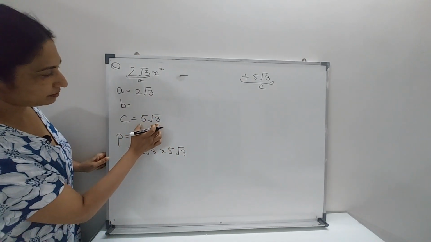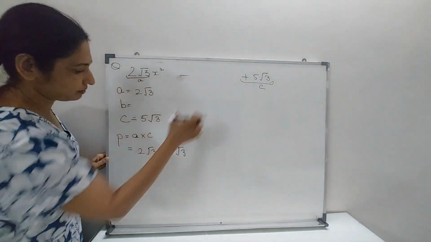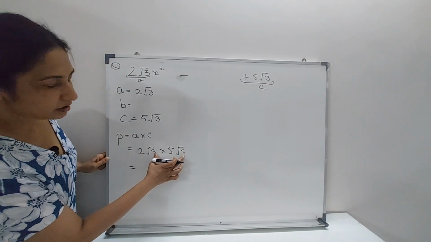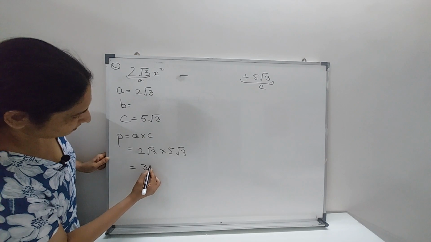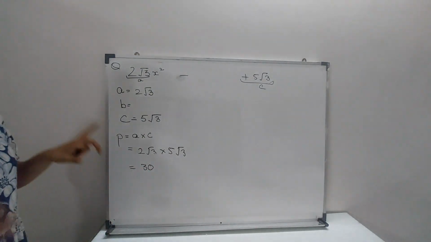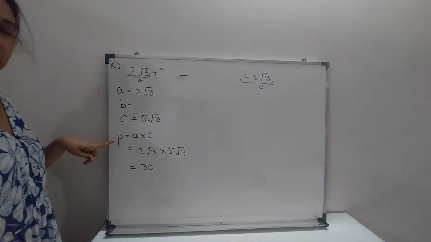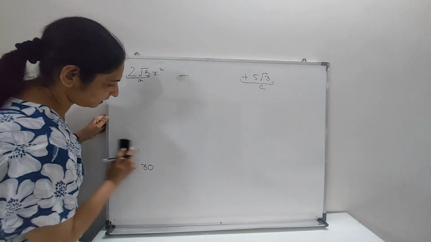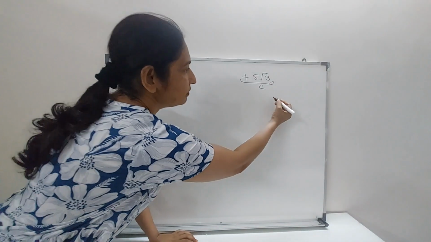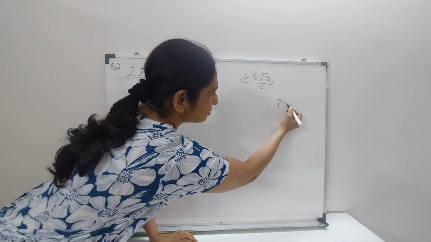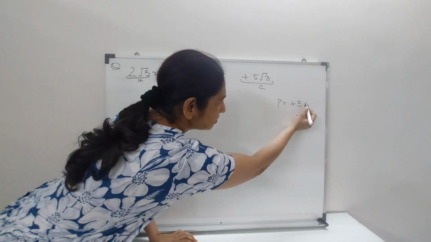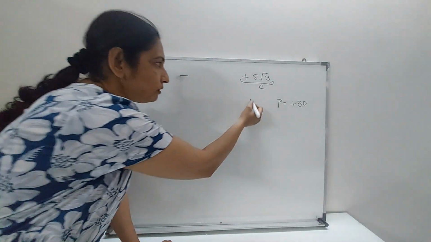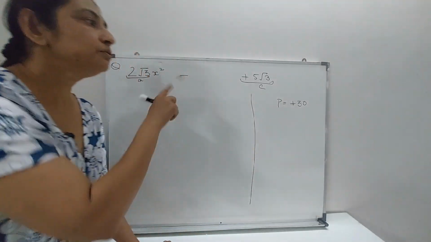A into C. What do you get? 10 into 3, 30. So the first step is complete, that the product we get is 30. Like always we'll write product is equal to plus 30 here. Now next step, we know we have to make factors of 30.